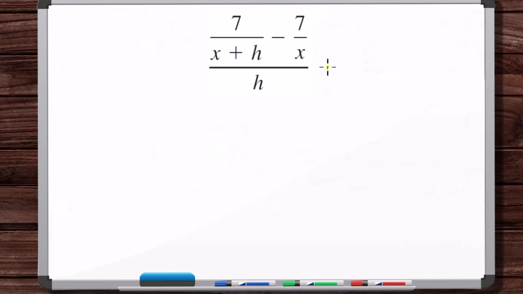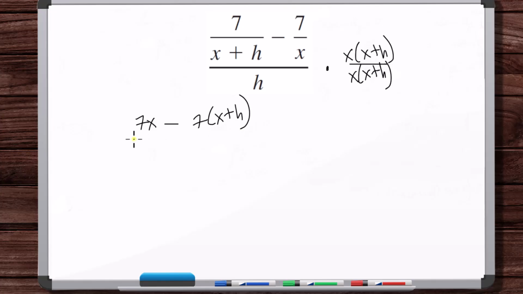Okay, least common denominator here is going to be x times x plus h. Okay, so we've got, let's see, 7x minus 7 times x plus h, and then over xh times x plus h.